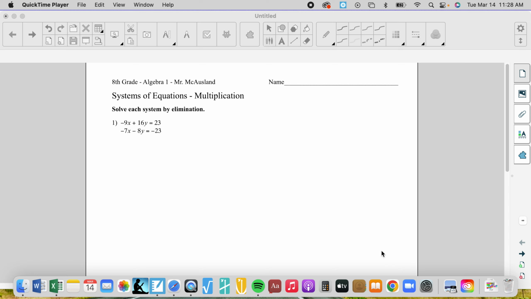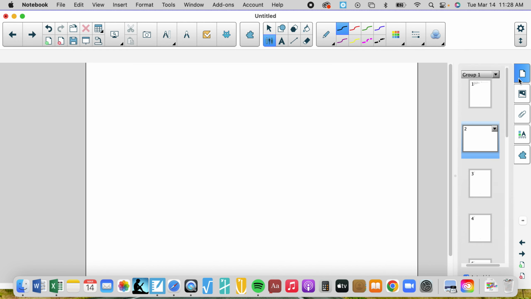Today's lesson is going to be on systems of equations utilizing multiplication. What that means is we're going to manipulate the equation and create equivalent equations. We know certain things about equivalencies.